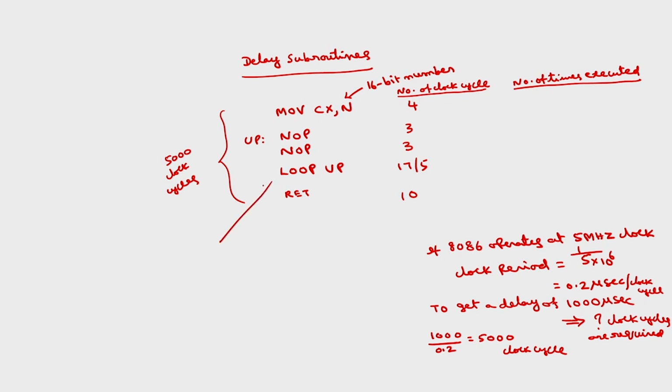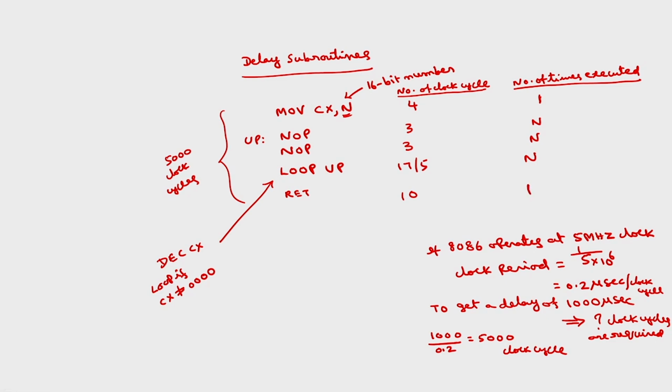So, the loop will decrement the CX register, and it will loop if CX is not equal to 0. Okay. So, because this is outside the loop, this will be executed only once. And how many times will this be executed, because n is loaded here. So, this will be executed n times, this also n times, this also n times, this is also only one time.